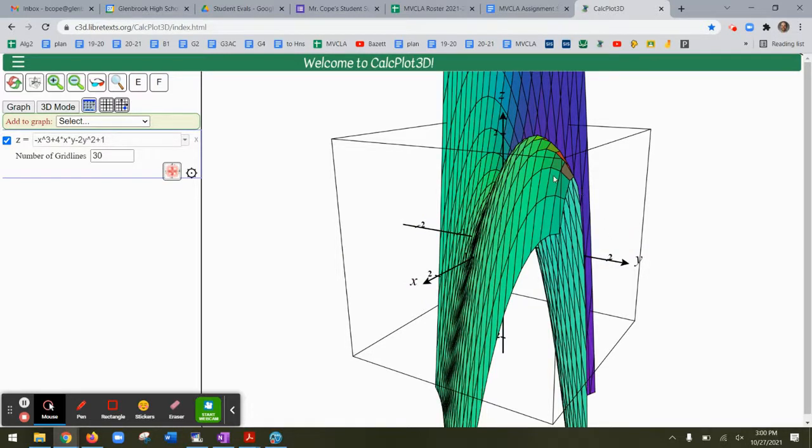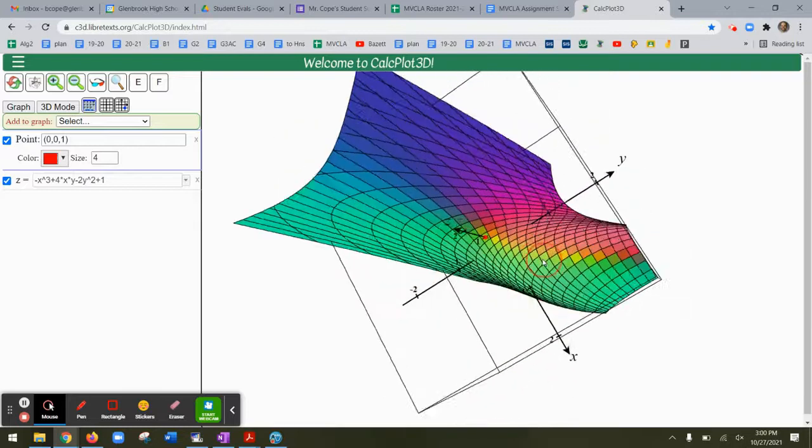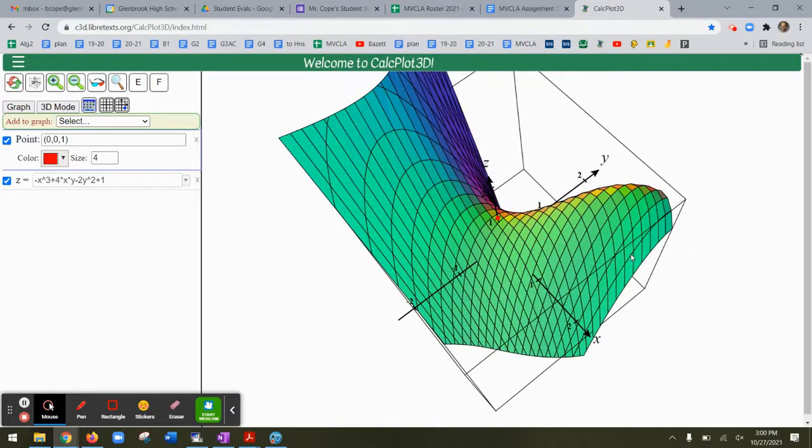Okay, quiet down, guys. Let's look at this together. I'm going to add 2 points to it. First is going to be the point (0, 0, 1), and this should be at a location where we see a saddle. Let's see if we can find it. Right there. See? Because along this path, it's a max, but along this path, it's a min.